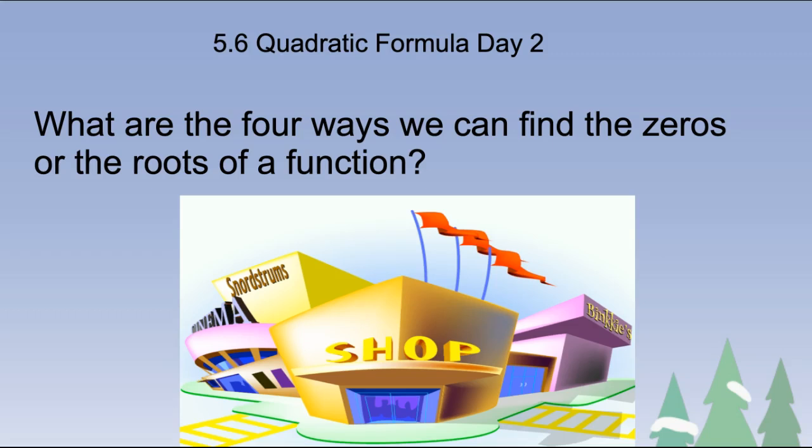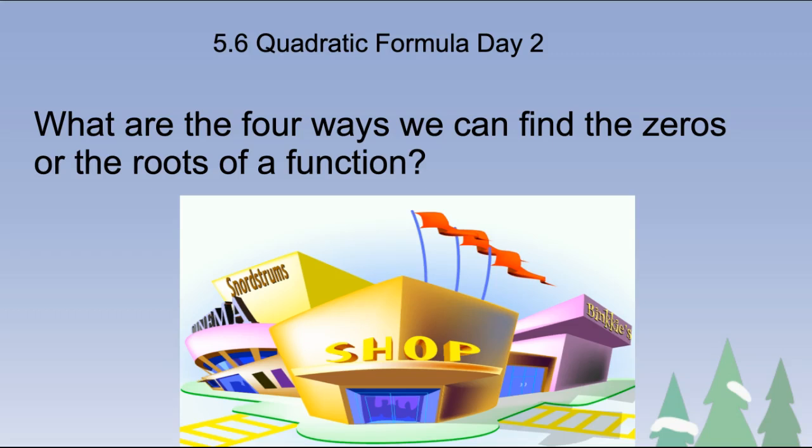So now we have 4 ways that we can find the zeros or the roots of a function. Those 4 ways are to solve by factoring. That's probably the easiest way if the equation factors. The other way is to take the square root of both sides, which, if you're missing an x term, is the best way to do that, as well as if it's in vertex form.